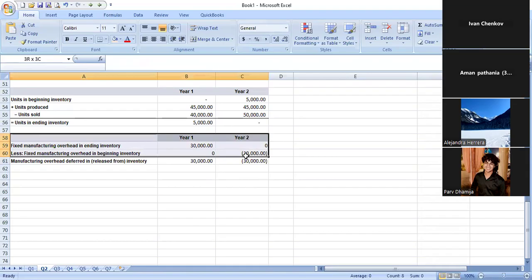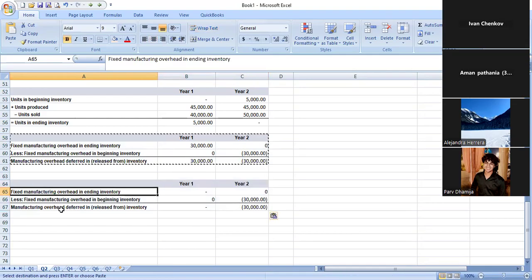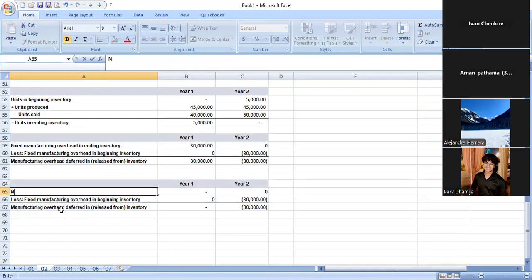So if we have to compare the net income, oh no, that will be operating income absorption and operating income variable.